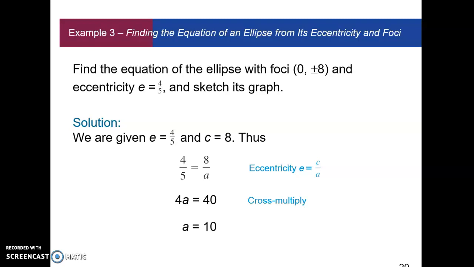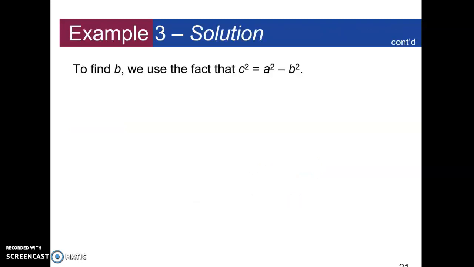So again, because the foci are on the vertical axis, the vertices will be on the vertical axis as well. So the coordinates of the vertices will not be 10, 0, and -10, 0, because those are on the horizontal axis. The vertices will be at 0, 10, and at 0, -10.